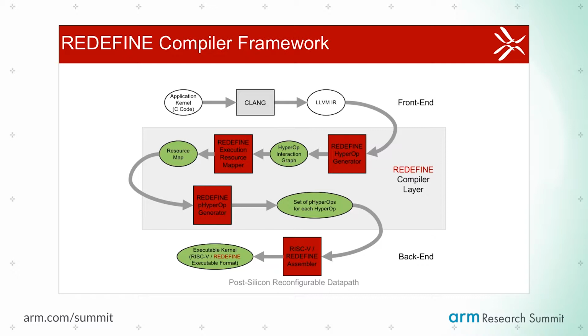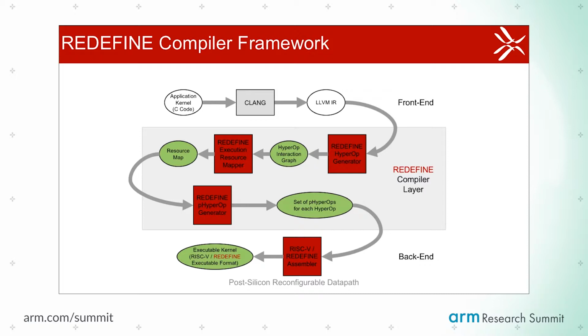The Redefine compiler generates optimized Redefine executable kernels from source code written in standard sequential programming languages. Currently, the C language front-end is supported. The Redefine compiler exposes task-level parallelism by compiling kernels to multiple hyperops and instruction-level parallelism by further breaking hyperops to p-hyperops.